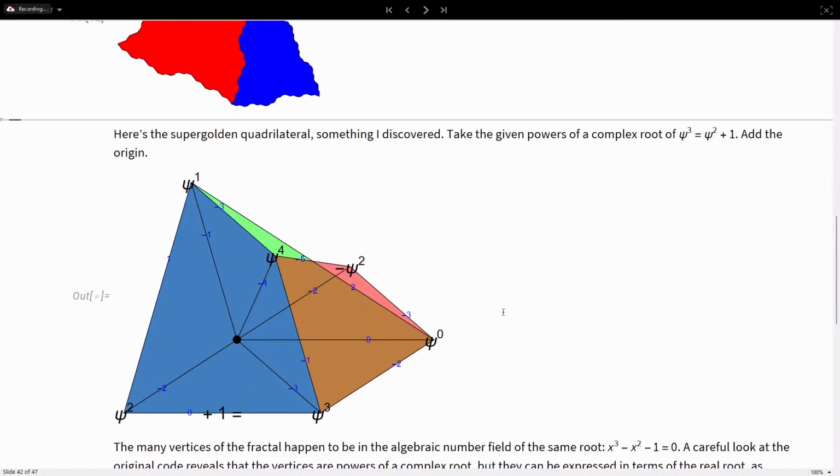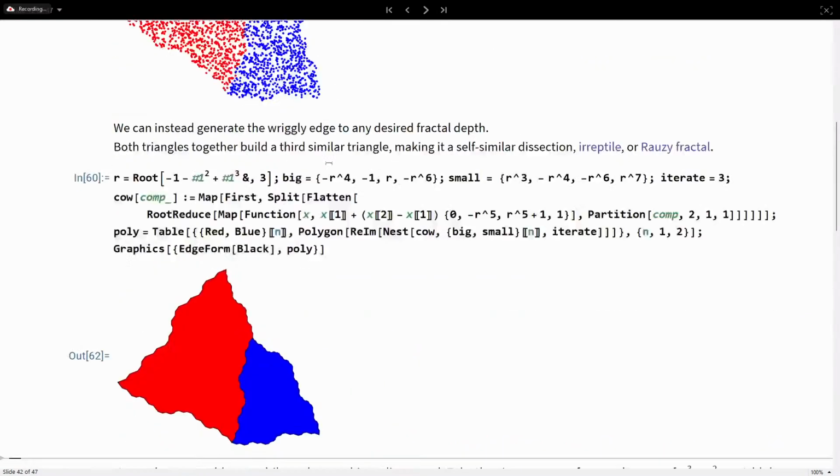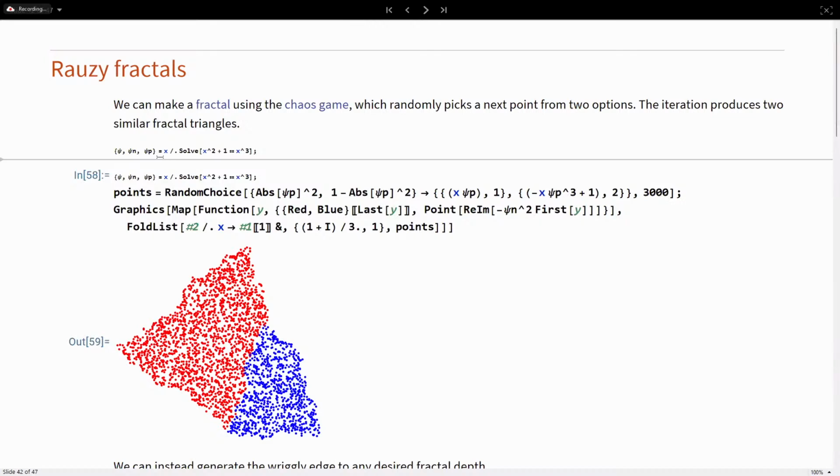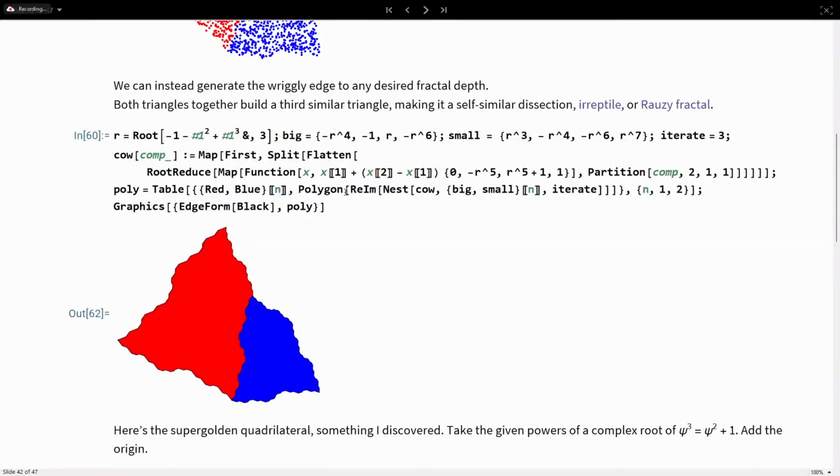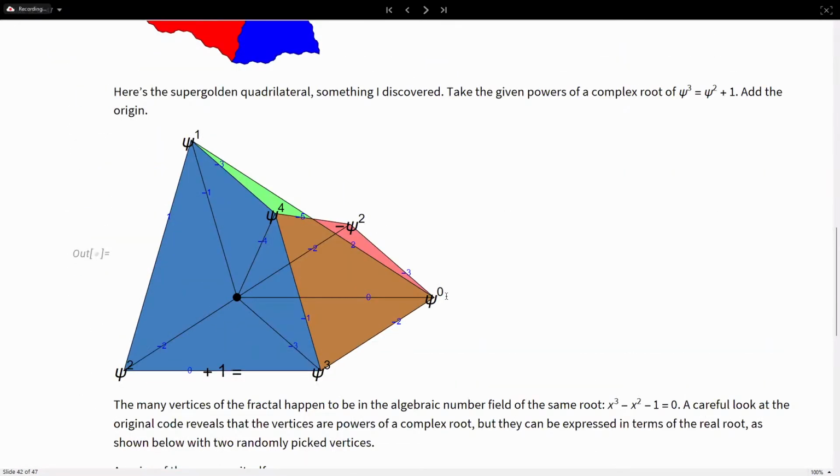And if we just look at powers of the super golden ratio, one of the complex values, well, this has x squared plus 1 equals x to the third. If we look at one of the complex solutions, which is a complex number, here it is to the 0th power, to the 1st power, 2nd power, 3rd power, 4th power, and negative the 2nd power.